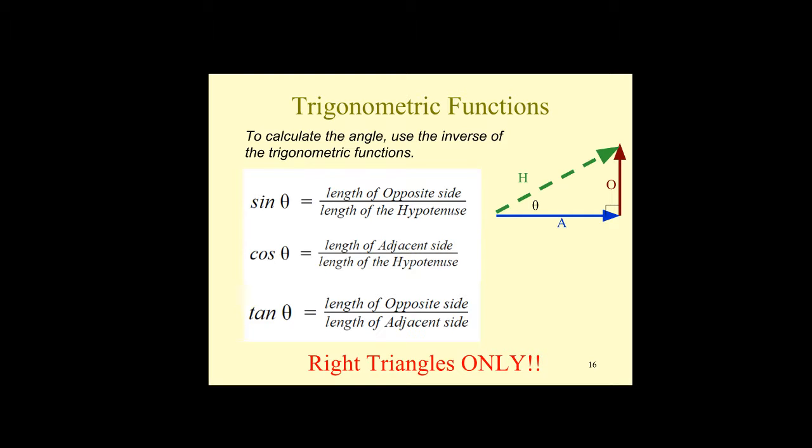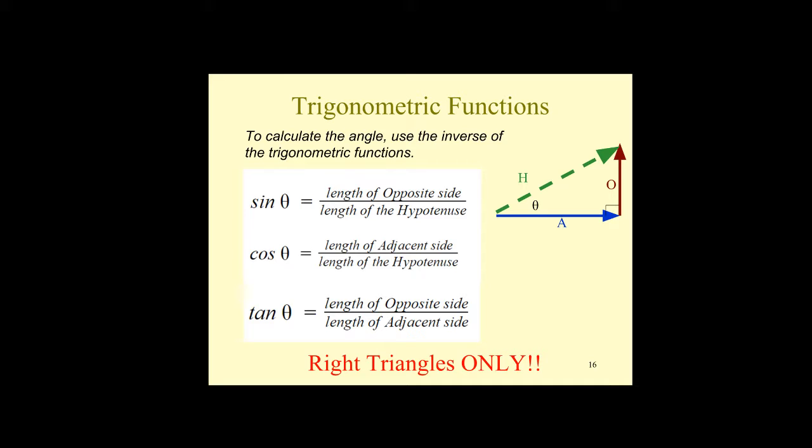As you may recall, the sine of the angle is defined as the ratio of the length of the opposite side to the length of the hypotenuse, the cosine is the length of the adjacent side over the length of the hypotenuse, and the tangent is the length of the opposite side over the length of the adjacent side. One more warning, this only works for right triangles.